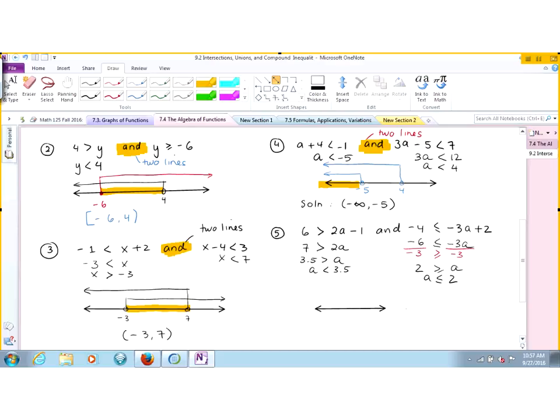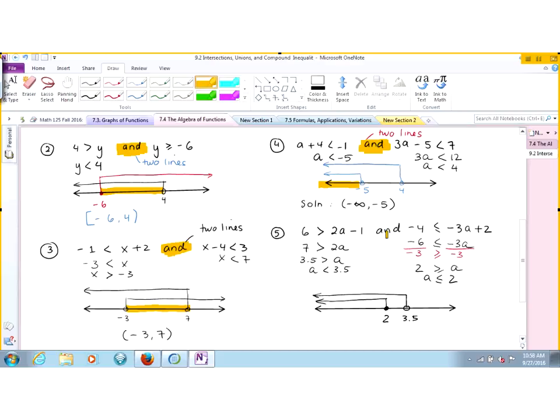So we're going to graph 3.5, open, and the arrow points to the left. 2, open or closed? Closed. And the arrow points to the left. All right.